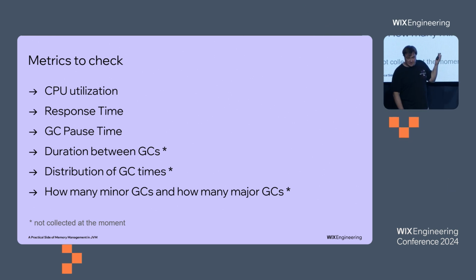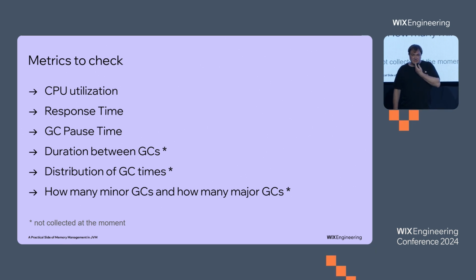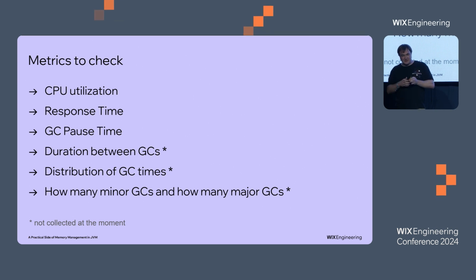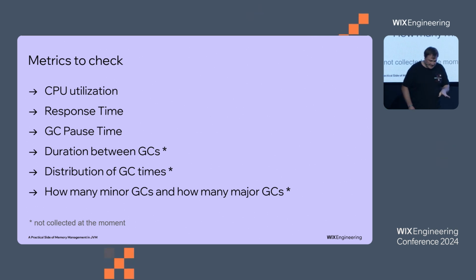Obviously, you need to check response time and GC pause time. It's hard to tell how it can help you, except that if you change Xmx and GC pause time grows, it's indicative that at some point there will be a problem.